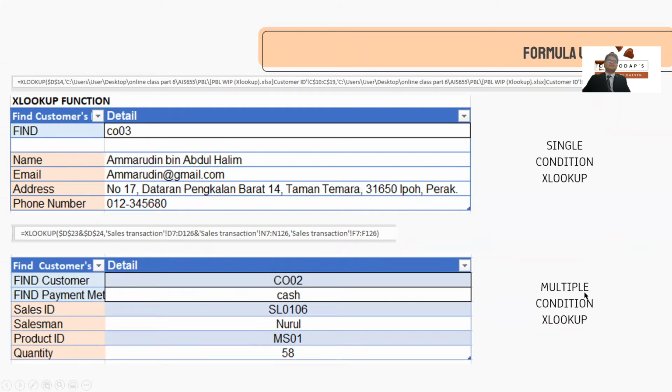The multiple condition lookup is to search the customer transaction and their salesman, the people they're dealing with, the product ID, and their quantity. Therefore, if we want to search for the customer, and what type of payment, usually we use the type of payment because it is easier to remember. So from these two, we can specify which transaction we can search and who is responsible for it.